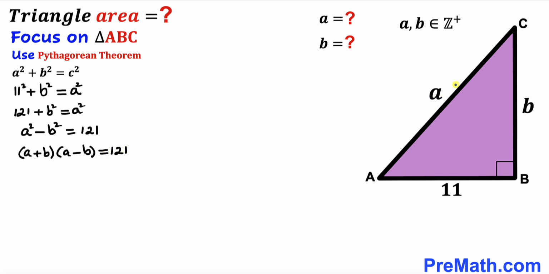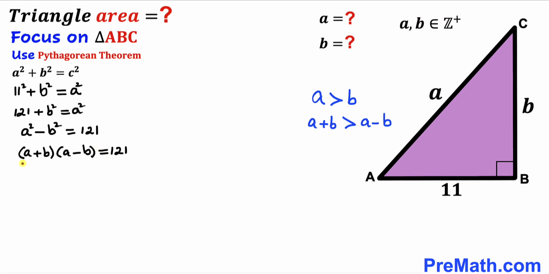Now let's make an observation. This hypotenuse a is larger than this leg b, so a is larger than b. Moreover, a plus b is going to be larger than a minus b as well. And bear in mind that a and b are positive whole numbers.